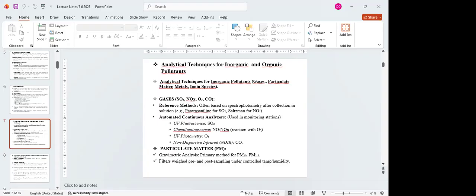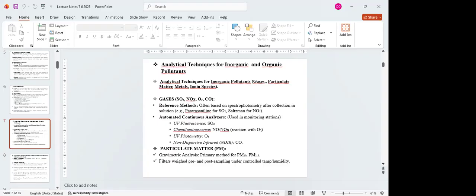Some of the analyzers that we use are the UV fluorescence, which we particularly use for the detection of SO2. And then look at the chemiluminescence approach for the NOx. Here, it is based on a reaction with O3. As the name implies, it's the luminescence that is observed when there is a chemical interaction between these species.